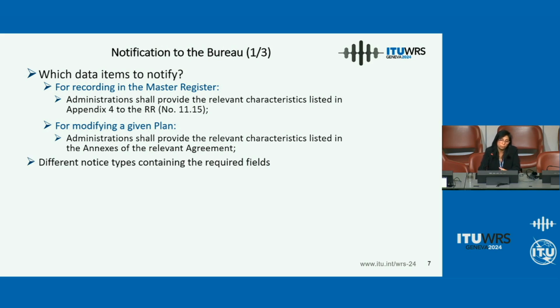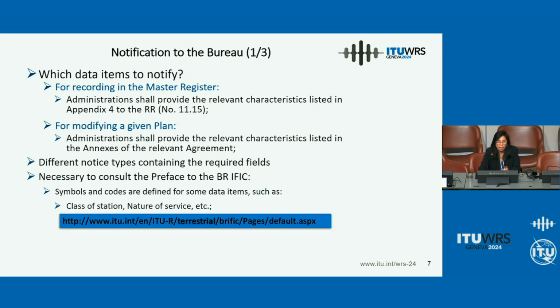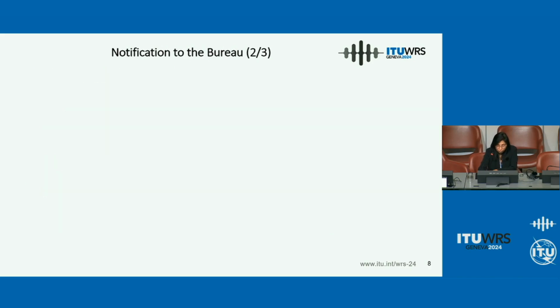To facilitate the notification, we have created different notice types with the required data items. And also, to facilitate the notification, we need the preface, because when notifying, we use symbols and codes to facilitate the notification.